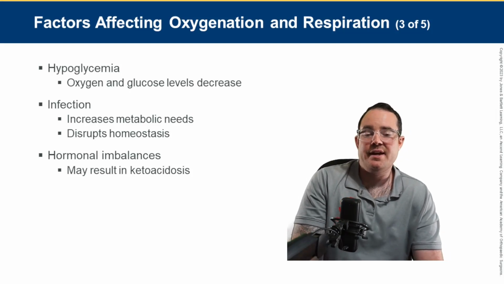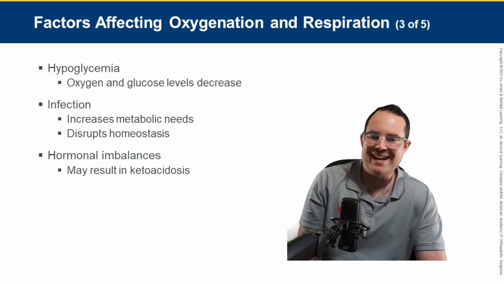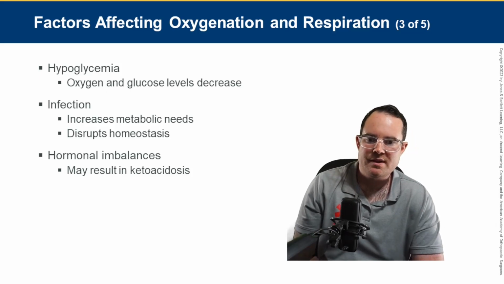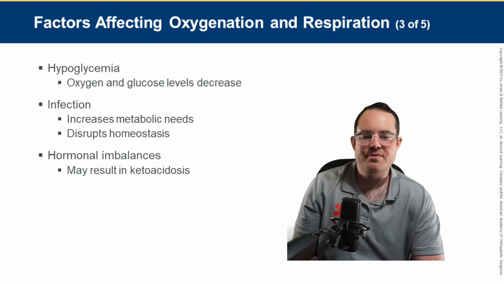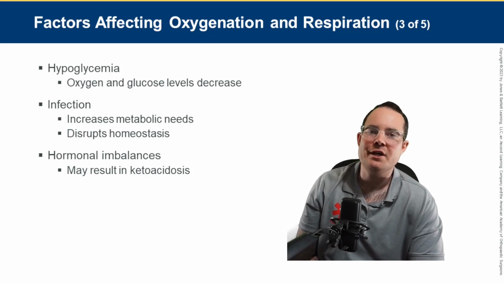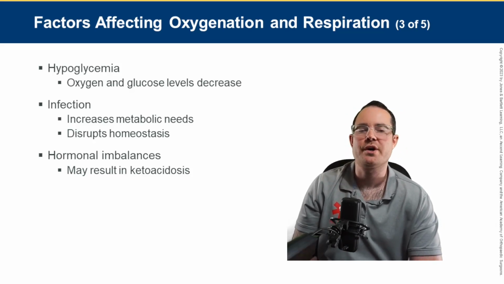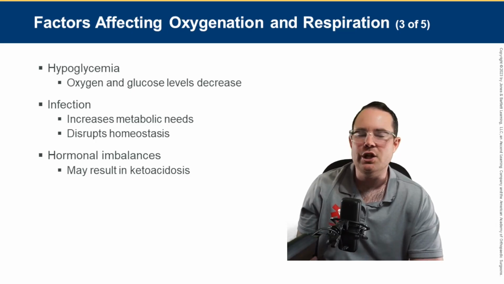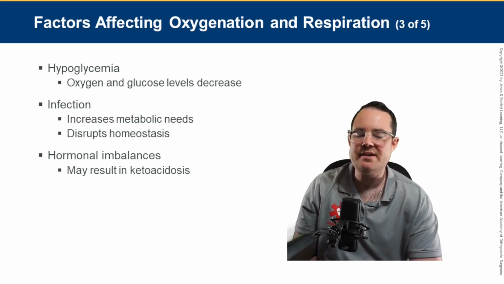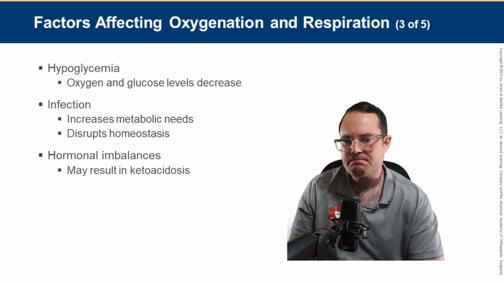Some other factors that can affect respiration: hypoglycemia. Okay, it says oxygen glucose levels can decrease with hypoglycemia. The very famous looking patient that's hypoglycemic has snoring respirations. They have a lot slower, right? Bradypnea, slower respiratory rate.